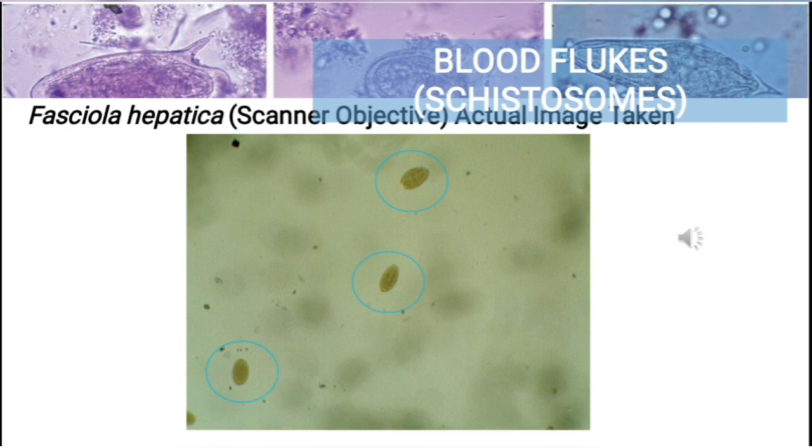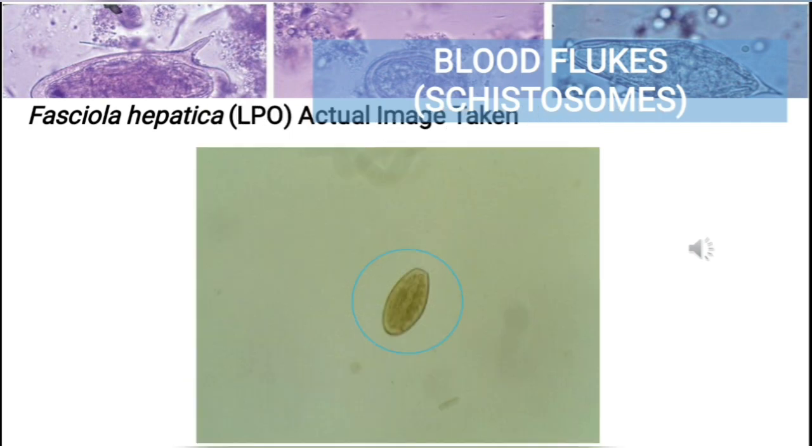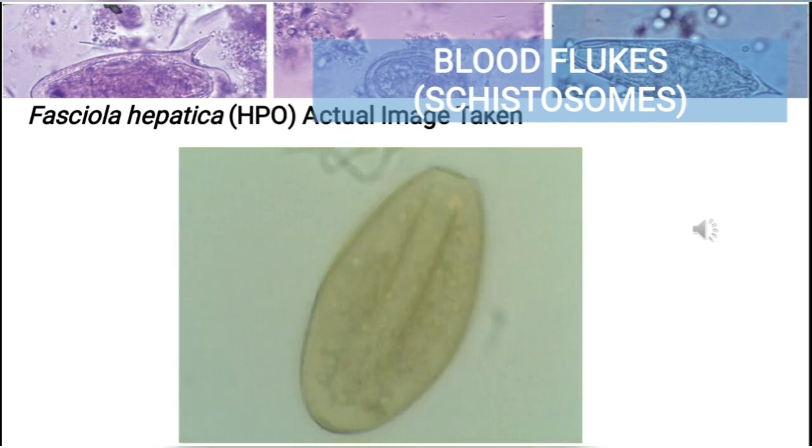This is an actual image taken of a prepared slide of Fasciola hepatica under the scanner objective. And this is what it looks like under the low power objective. And let's take a closer look at our Fasciola hepatica under the high power objective.